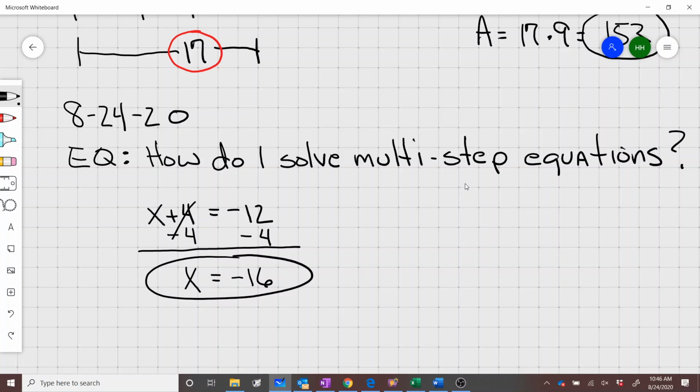Alright, and if we had something like m minus 3 is equal to negative 10. Anybody want to get involved? Maybe let me know what that first step might be there. Go ahead, Cameron. Add 3 to each side. Okay, so now we're going to add 3 to each side.